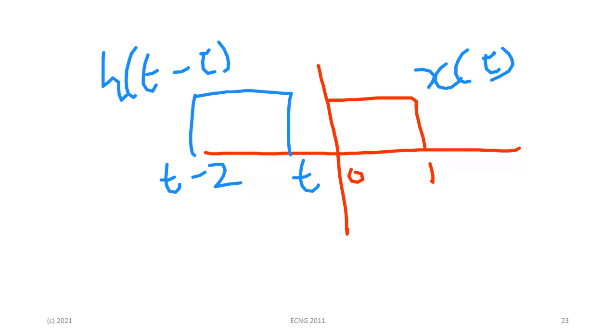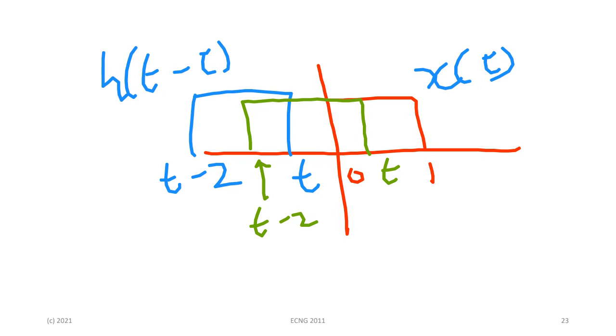Then what is the next step? The next one will be when this moves here. So we have t here, and we have t minus 2 here. Now, this is where a little bit of difference comes in. How big is pulse X? Pulse X is 1 unit, and pulse H is 2 units.